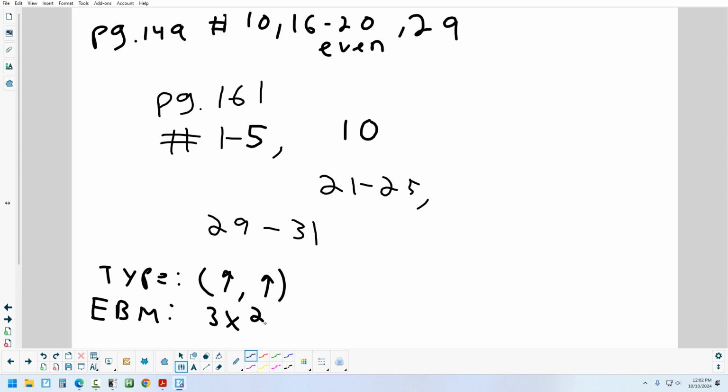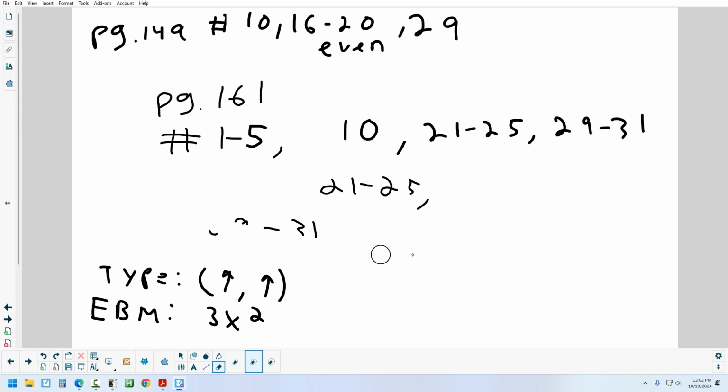Okay, so I'll make this a little neater for you. So 21 to 25, 9, 231. Okay, and as I said, I'll put the list of test topics on the board in just a little while.